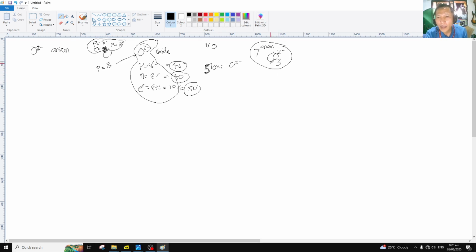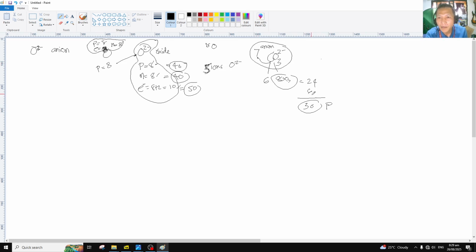You will see that it has carbon and three oxygens. Without charge, carbon has 6 protons and oxygen has 8. With three oxygens, that would be 8 times 3, which is 24. So 6 plus 24 is 30 protons in one carbonate.